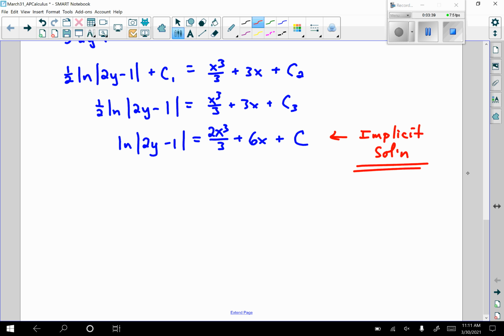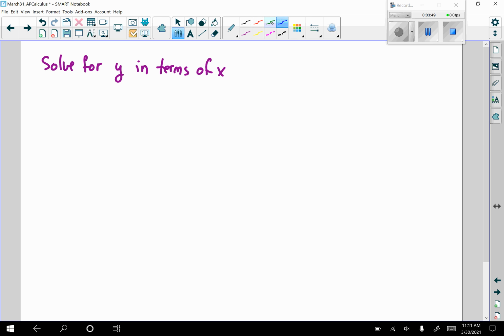If this was all they were asking for, we would be done. But to continue, we want to solve for y in terms of x. So again, starting with the natural log of the absolute value of 2y minus 1 is going to equal 2x cubed over 3 plus 6x plus this constant c.